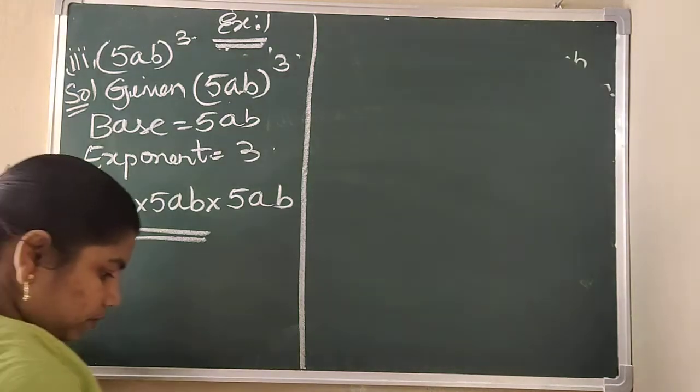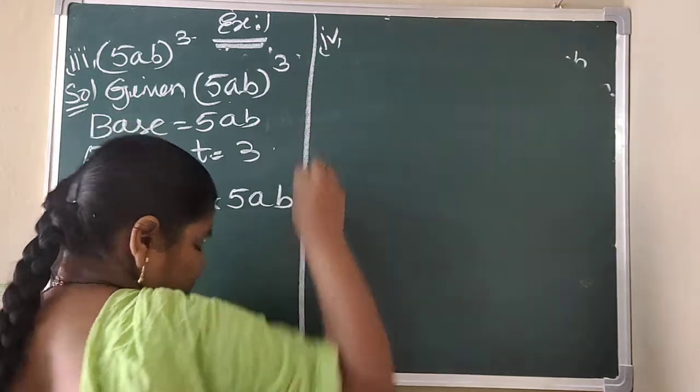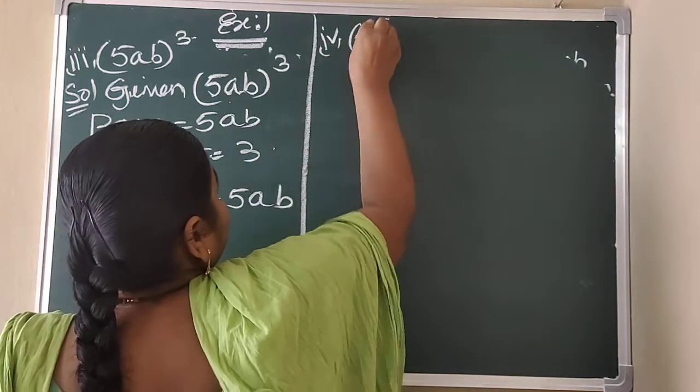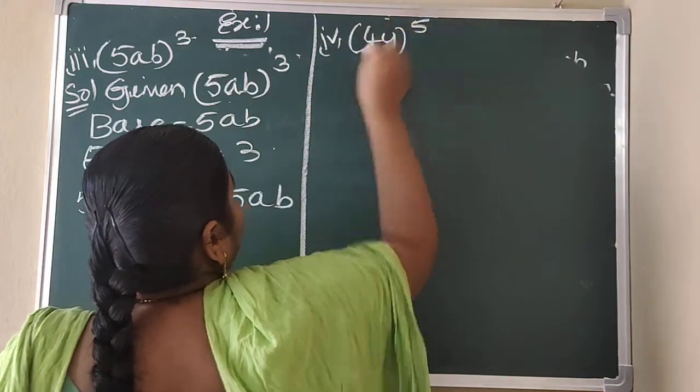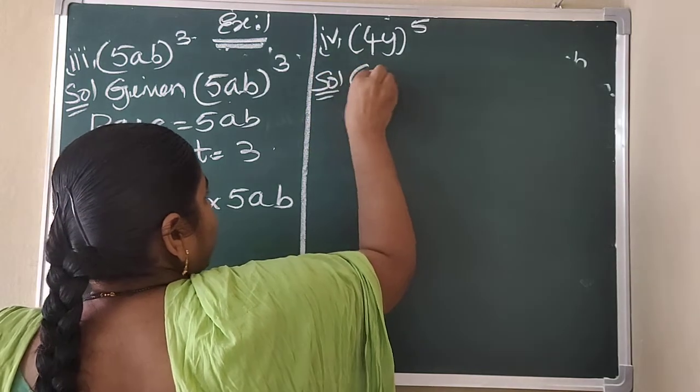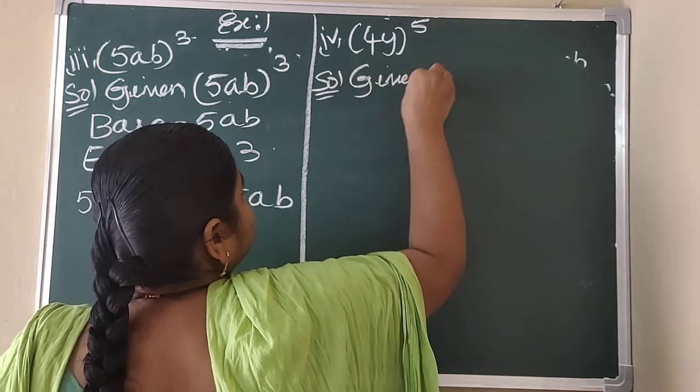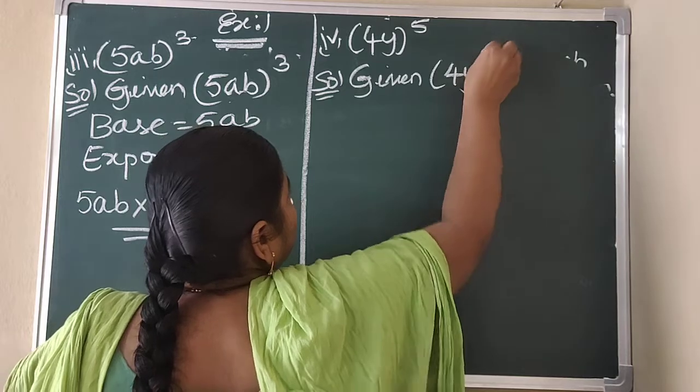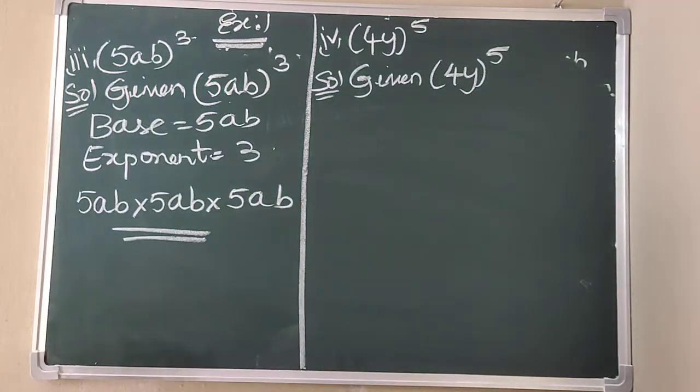Next, fourth one, 4y whole power 5. So given 4y whole power 5. So in this, what is the base? What is the exponent we have to write?